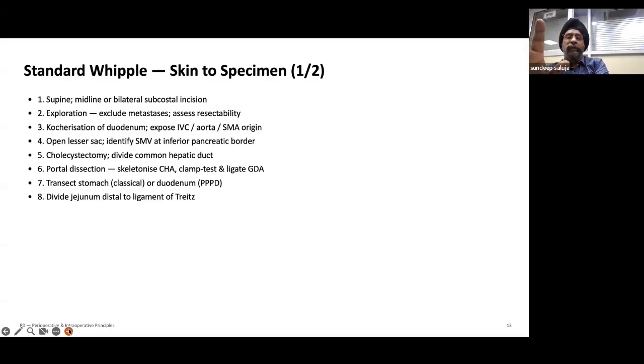There would be a difference: if there is a periampullary tumor, this is sufficient. However, if the patient has carcinoma head of pancreas, this added point will come in before you divide anything. When you talk about Whipple, you should say a couple of indications. One is periampullary tumor and second is carcinoma head of pancreas.